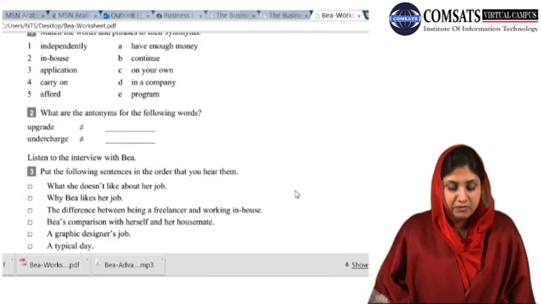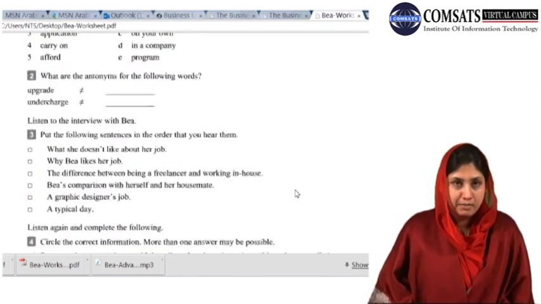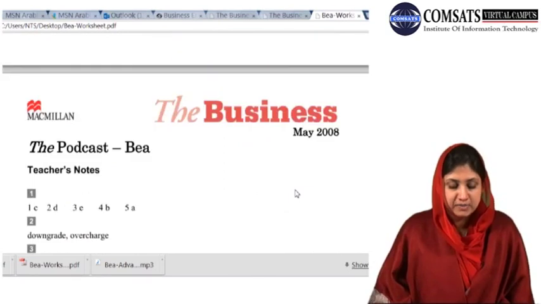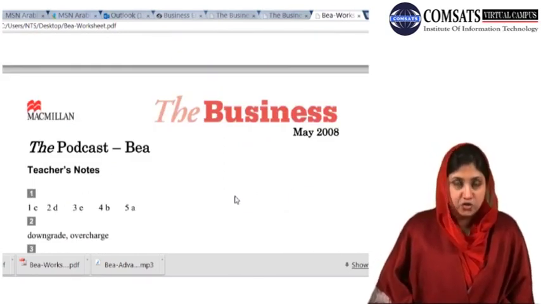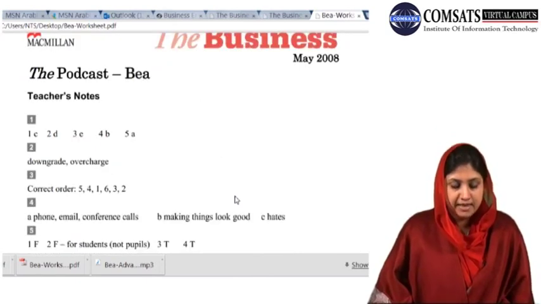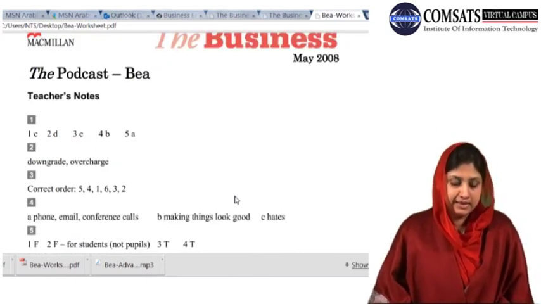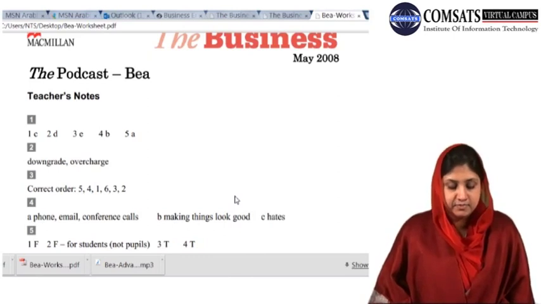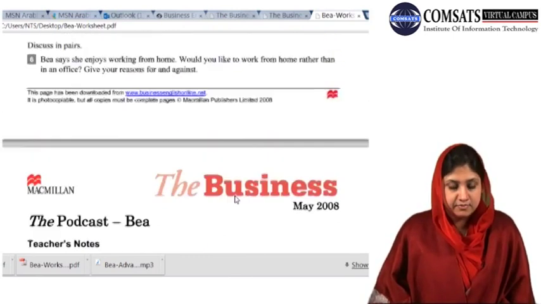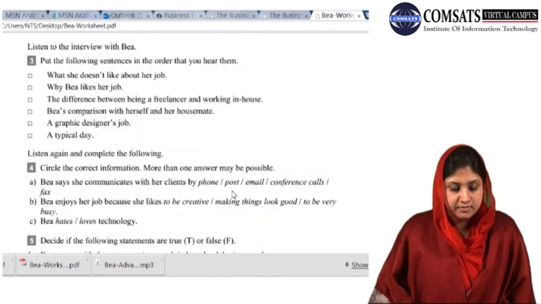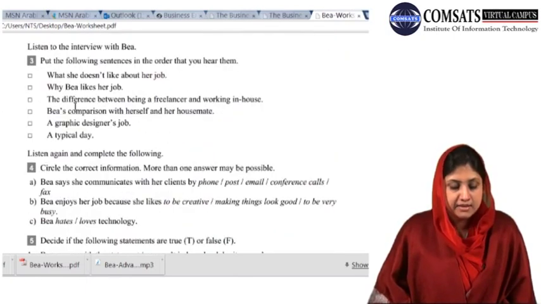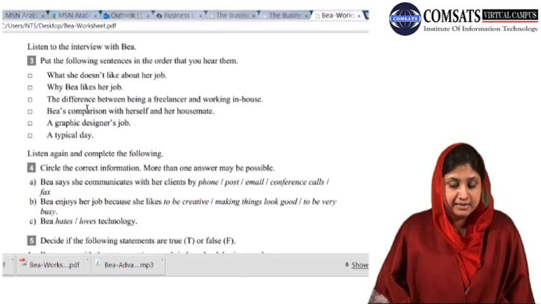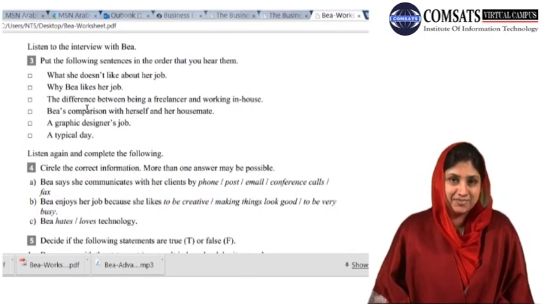All right, so you need to have antonyms for upgrade and undercharge, and your antonyms are upgrade is downgrade, undercharge is overcharge. And the correct order of the sentences: okay, the very first sentence is the difference between being a freelancer and working in-house.